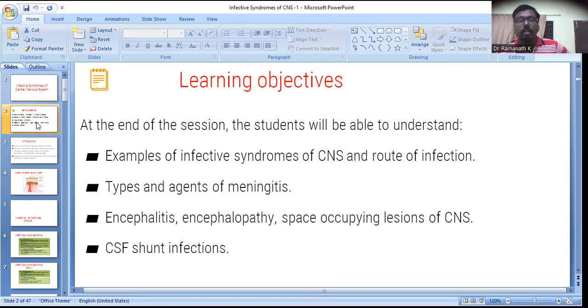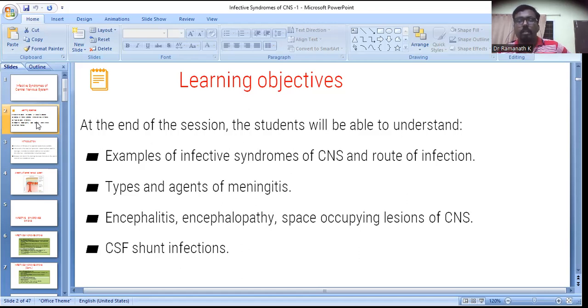What is the difference between meningitis and encephalitis, encephalopathy, and space occupying lesions of the central nervous system, and CSF shunt infections.